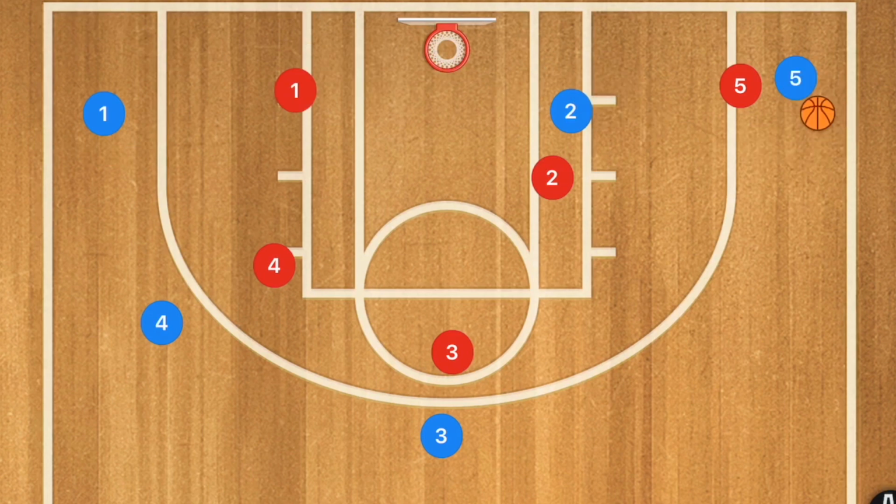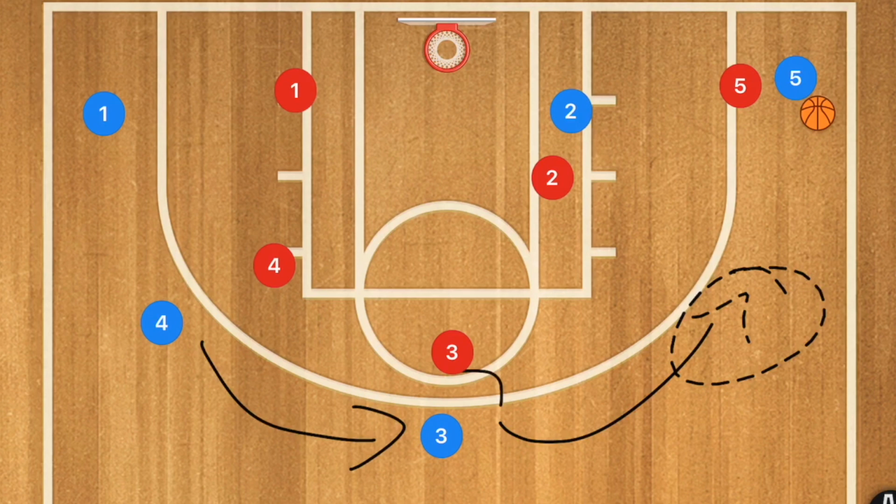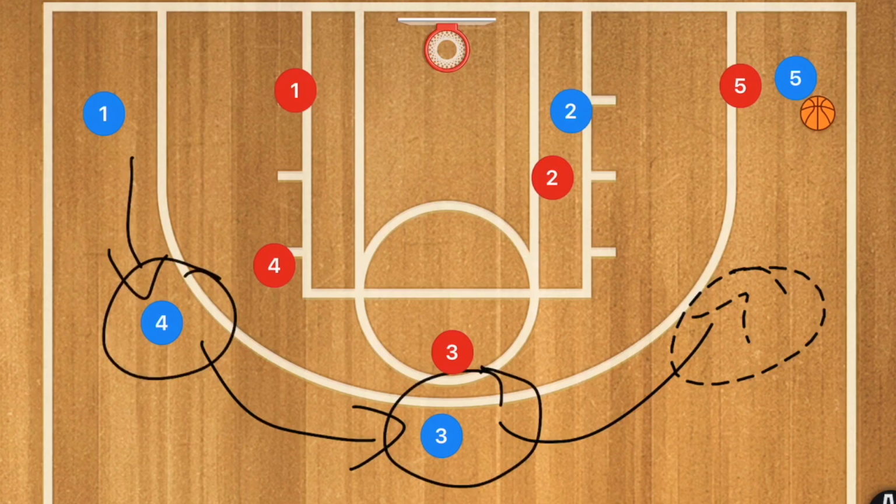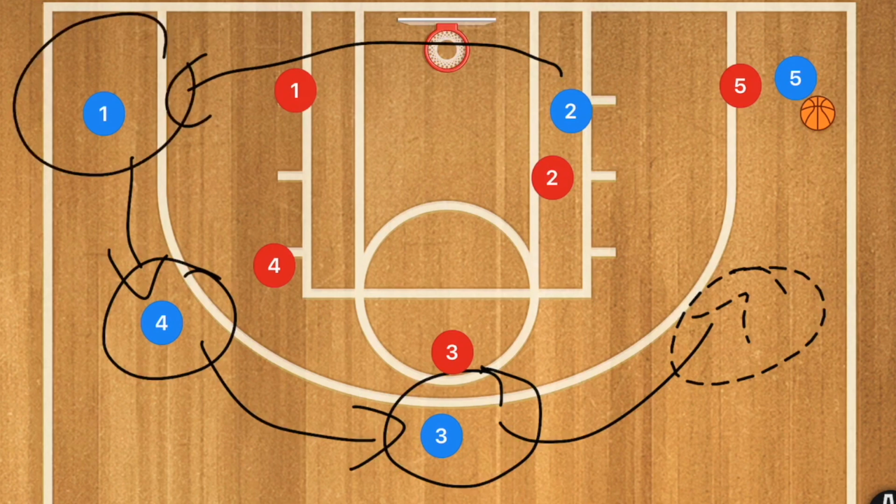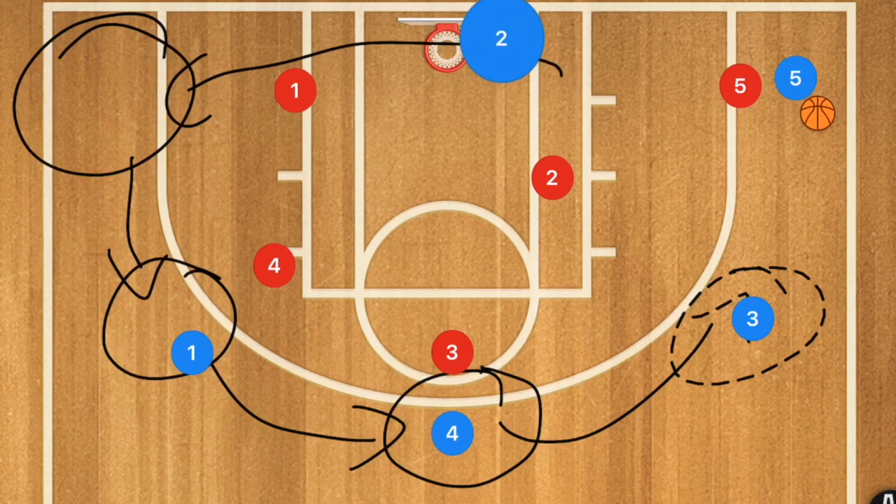Now, if he's not open, player 3 is going to cover the wing, player 4 is going to cover the point, player 1 is going to then cover the wing, and player 2 is going to fill out to the corner. While these players are filling, the next point is extremely important.